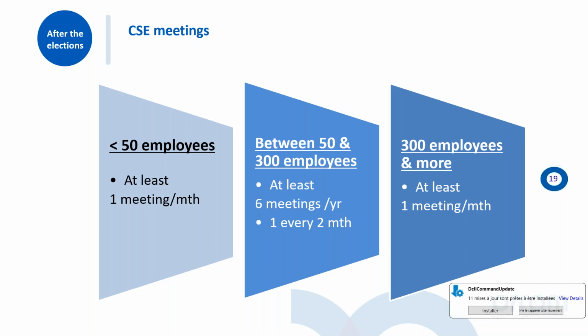For companies between 50 and 300 employees, the CSE members and the employer have to meet at least 6 times a year. And the legislature also imposed a regularity, meaning that they have to meet at least once every 2 months. Most of the time, companies meet once a month, even companies between 50 and 300 employees, because as you'll see after, for those companies, there are many topics to talk about, and there are actually mandatory topics.